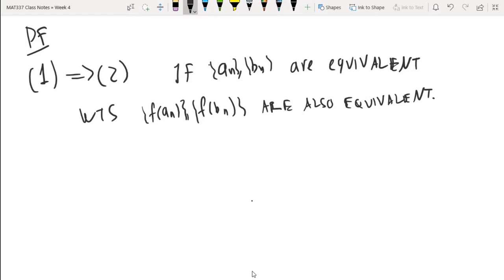One nice way to do this is with contradiction, as usual.